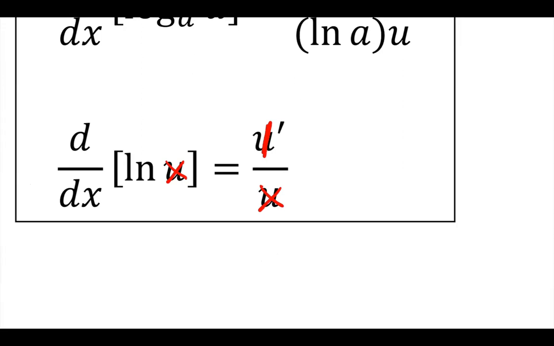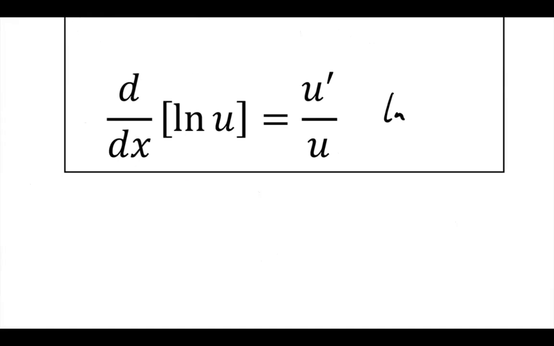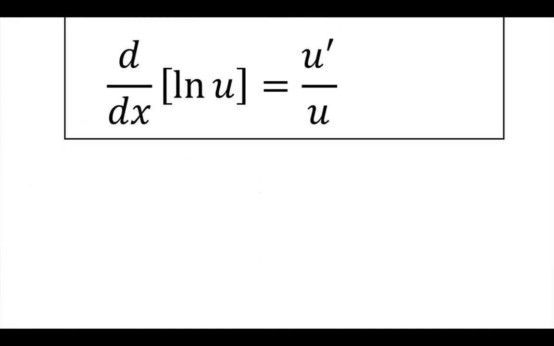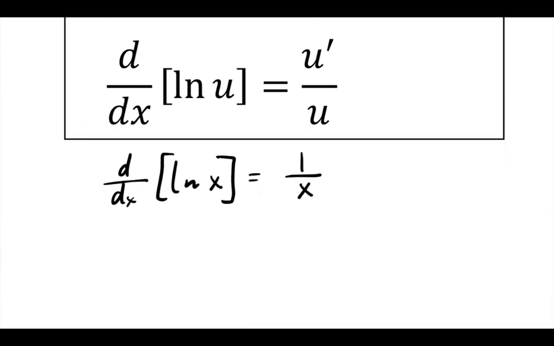So 1 over x. So yeah, add that, put this in the box too. Natural log, let's put it right under. So if I just have a plain old natural log of x, it's just 1 over x.